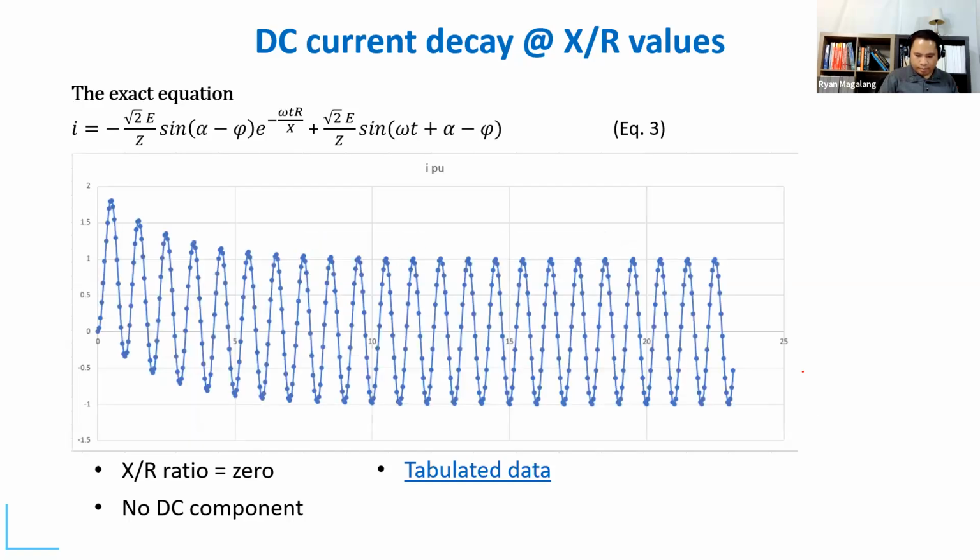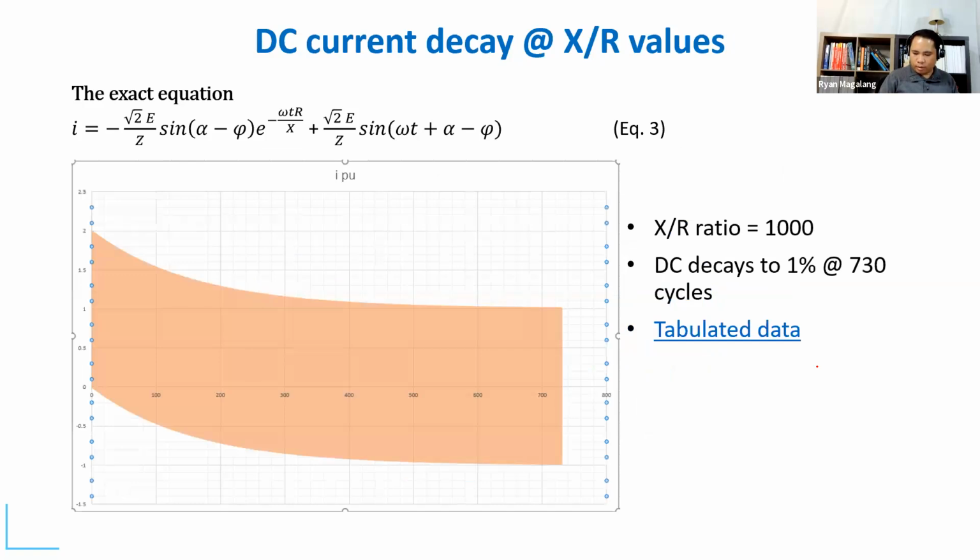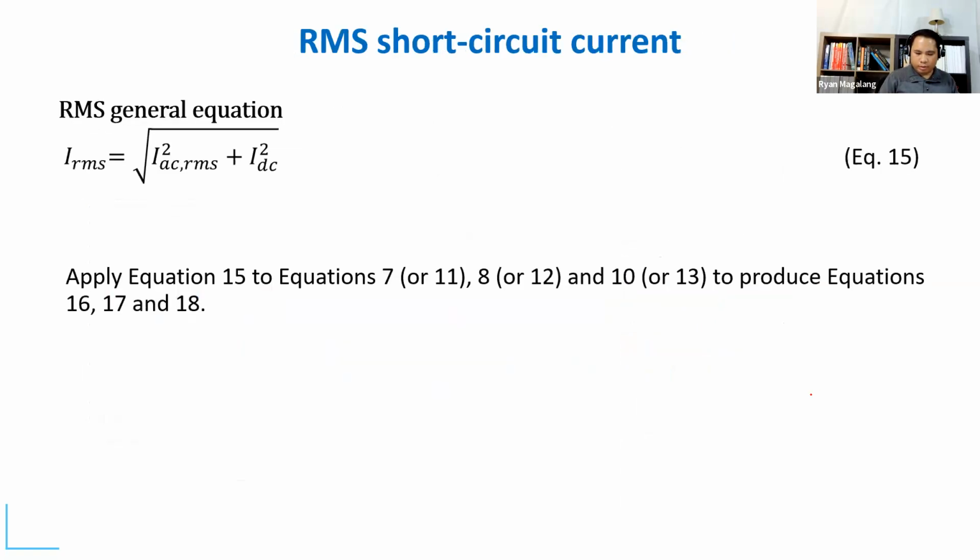Here is, that's wrong, that's not 0. So here's a 15 X/R ratio, 25. So this is 1000, as we have seen. So bottom line, your X/R ratio is of great interest.